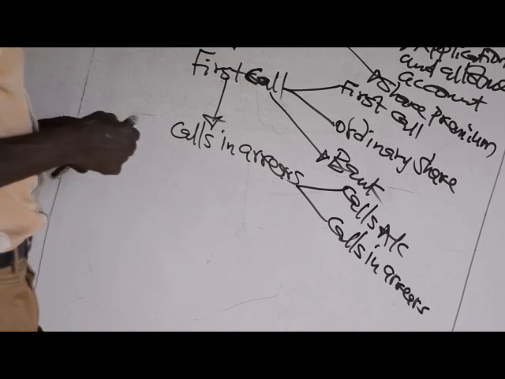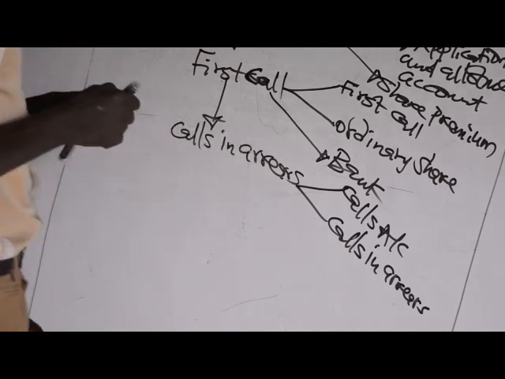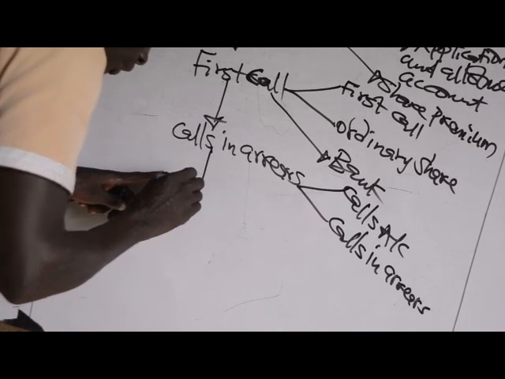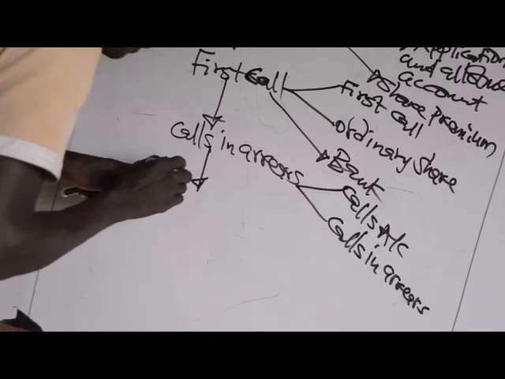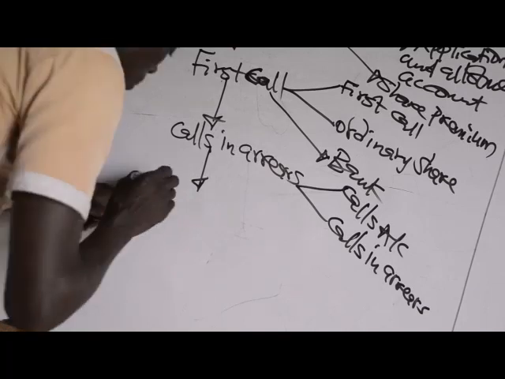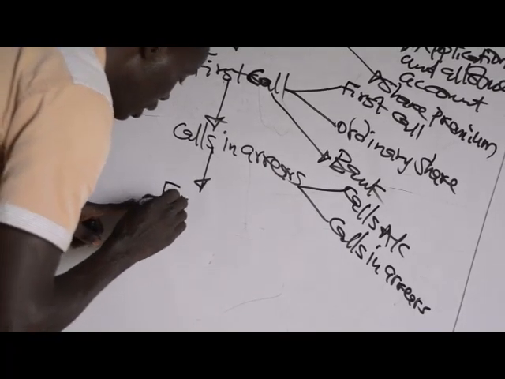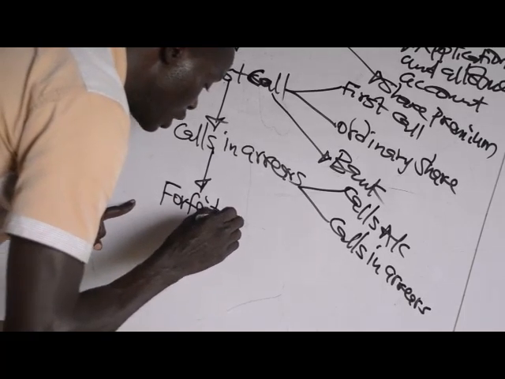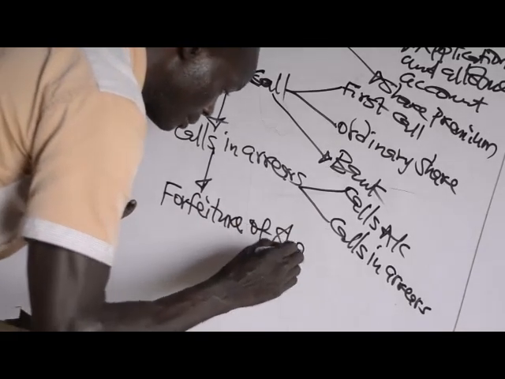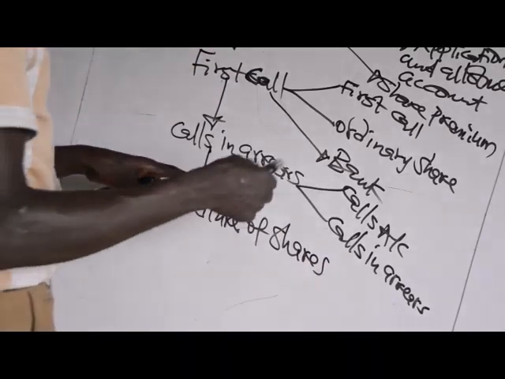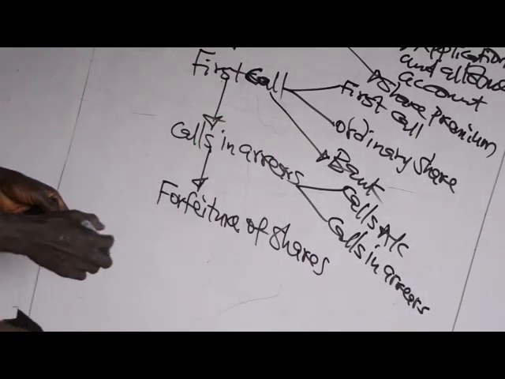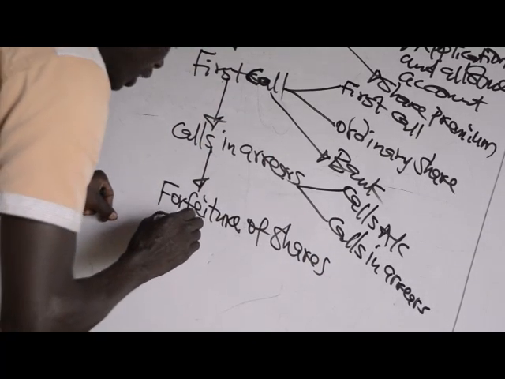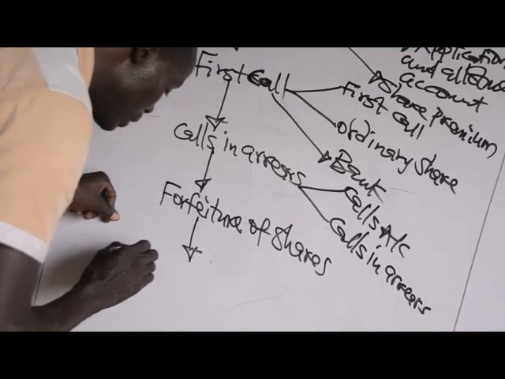And after due notification, if the holders of these shares fail to pay, then the shares will be forfeited. So in that case, you have the forfeiture of shares account, which will affect the call and forfeiture of shares. And the forfeited shares may also be reissued.